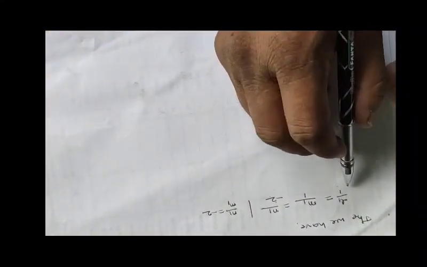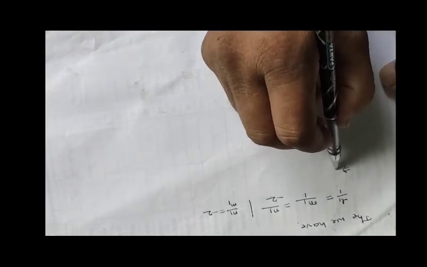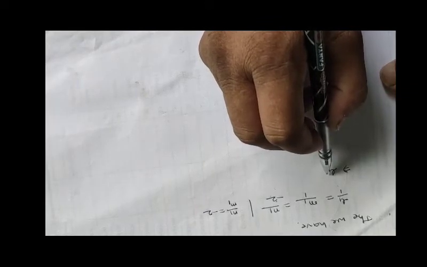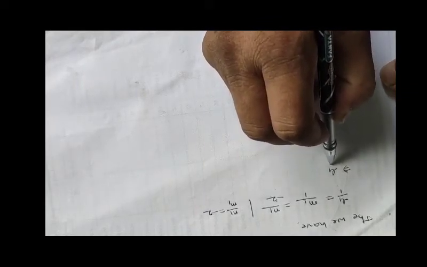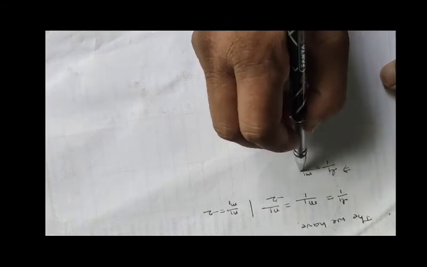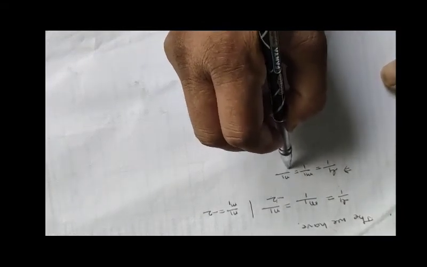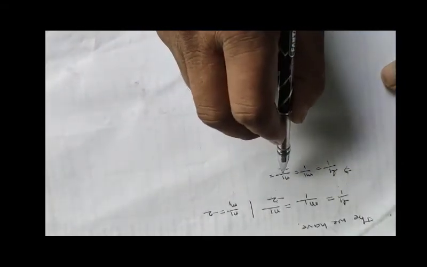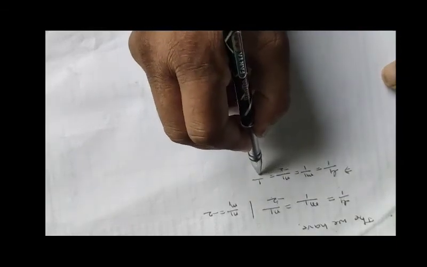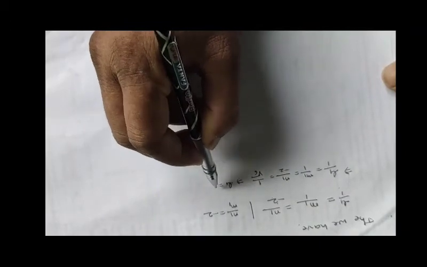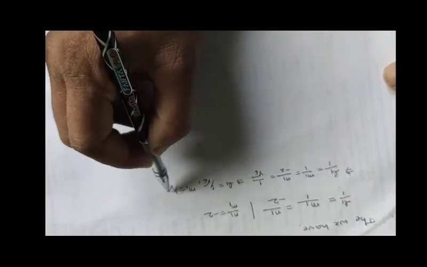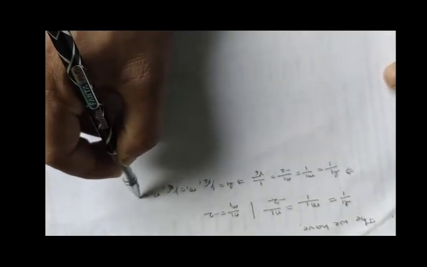Taking the sum of squares of the numerators l, m, n and the sum of squares of the denominators, we get 1 by root 6. So this gives l1 equal to 1 by root 6, m1 equal to 1 by root 6, n1 equal to minus 2 by root 6.